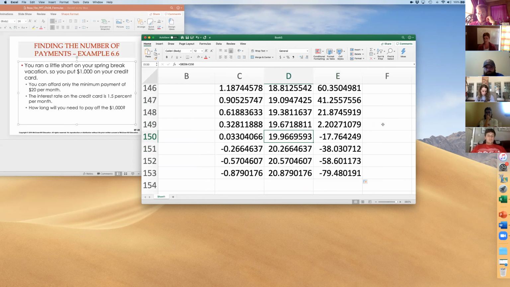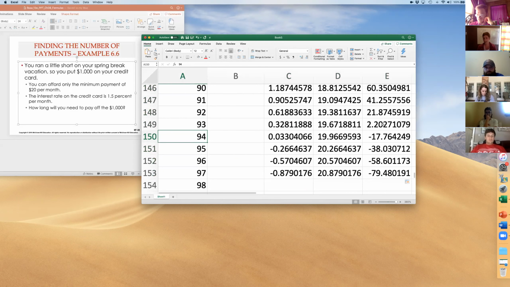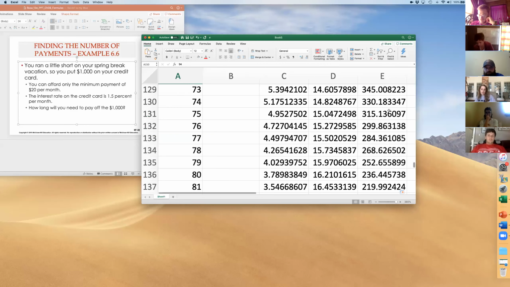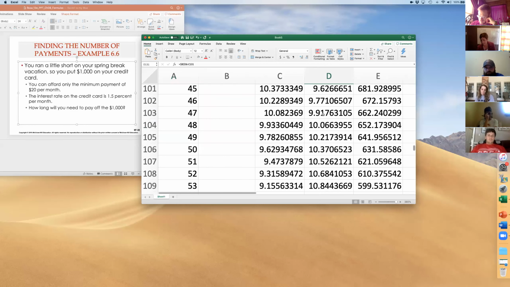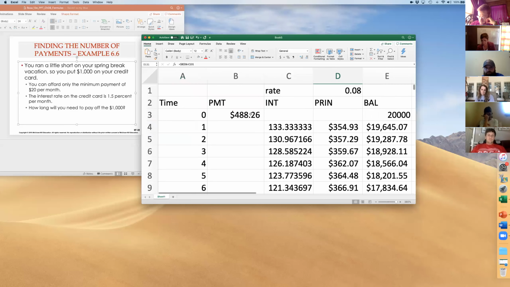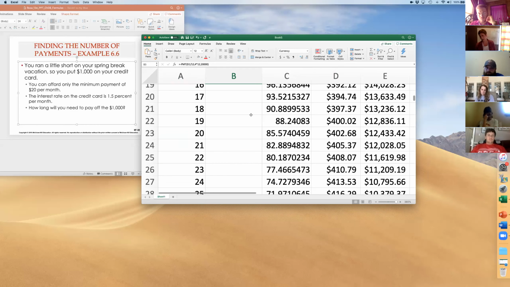So it happens between 93 months and 94 months. And so a lot of credit cards, though, they're set up to actually, if you pay the minimum payment, oops, that's the wrong amortization table.